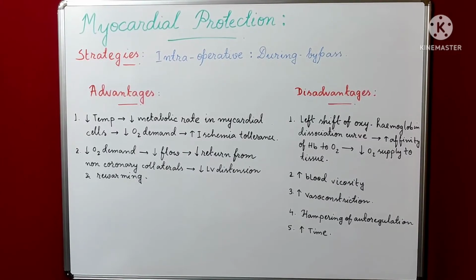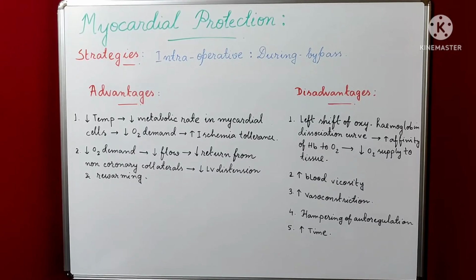Next is increased blood viscosity. We all know that with reduction in temperature, the viscosity of any liquid is increased. So the viscosity of blood will also increase, and due to increased blood viscosity, perfusion at tissue level, at the microcirculation, will be hampered. Next is vasoconstriction.